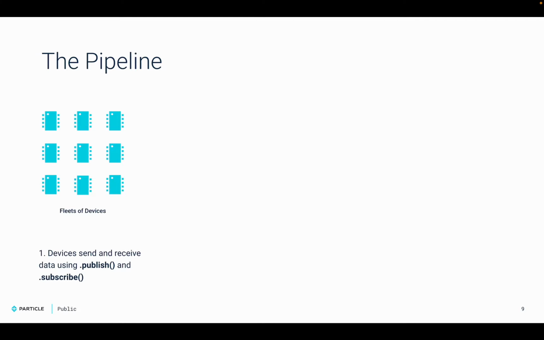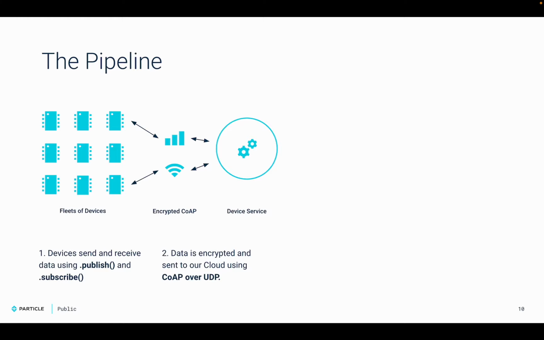First, devices send or receive data using publish and subscribe respectively, two APIs that provide secure, scalable, and efficient data transmission. Our APIs abstract away the differences across radio technologies and different modules, offering the same experience across our product line. Second, data is encrypted and sent over CoAP, which offers multiple advantages over other transfer protocols.